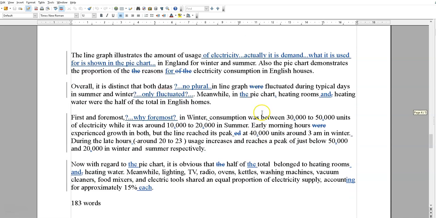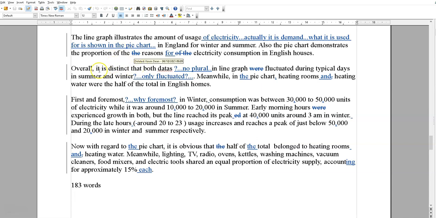Demand, not usage. Reasons for, you mean usage. So demand and usage, you don't need to paraphrase those. "It is distinct that both datas in the line graph were fluctuated." And why is it passive? Were fluctuated? Only fluctuated?